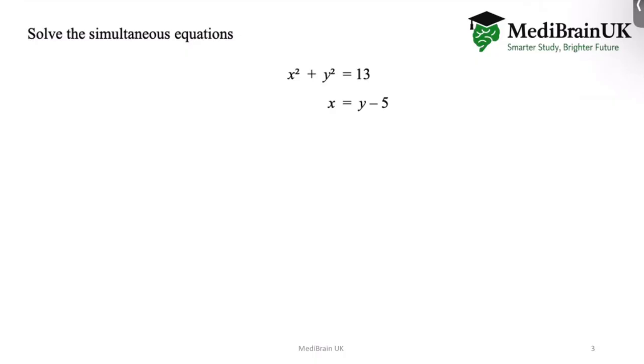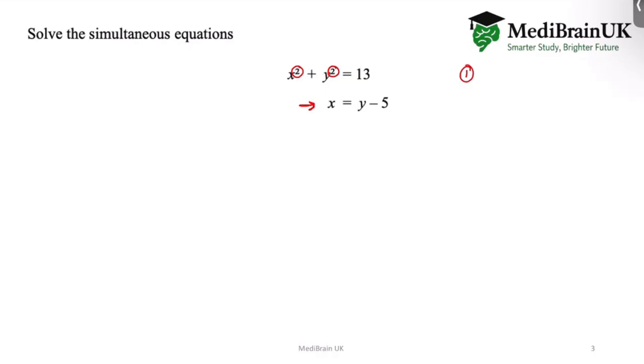Okay, and the way that you do quadratic simultaneous equations is with one of the equations, not the ones with the squared. It's quadratic because it's got the squares. We're not going to touch that equation. You're going to deal with the other equation, the one which doesn't have any squares in it. So this one doesn't have any squares in it.